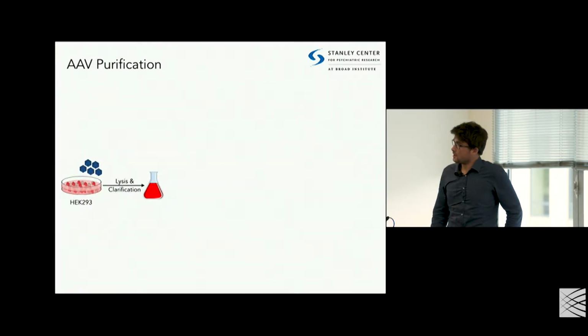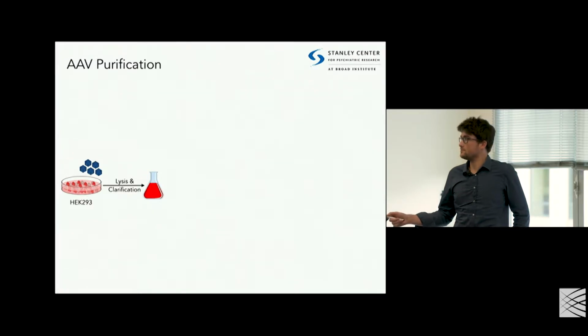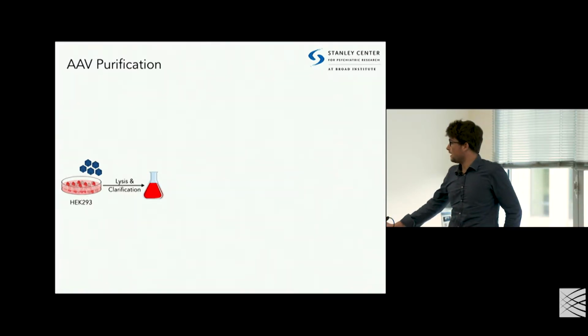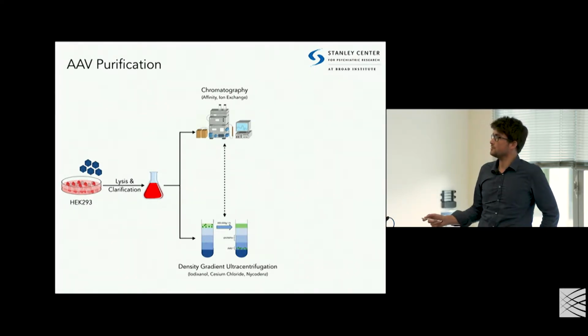So once you produce them, you also need to purify them prior to running experiments like gene delivery experiments. You can take your producing cells, usually lyse them, clarify them, and then you have two main purification techniques that can be used in combination and that we have both been using at the lab.